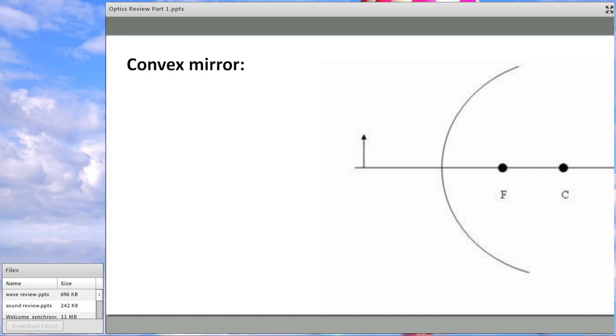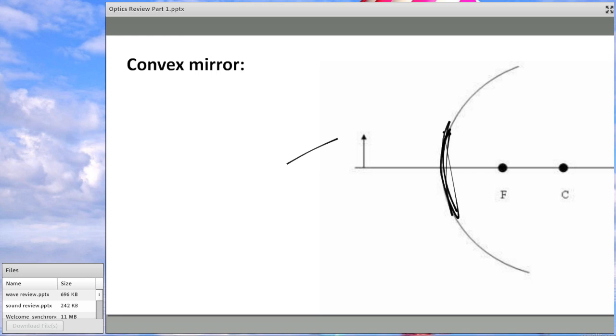Okay, now convex mirrors. The good thing about them is they're only one type of drawing to do. I know we're kind of running short on time. For a convex mirror, we already know what all of these things are called. This is kind of what they look like. Your mirrored surface is right here, so it's reflecting.